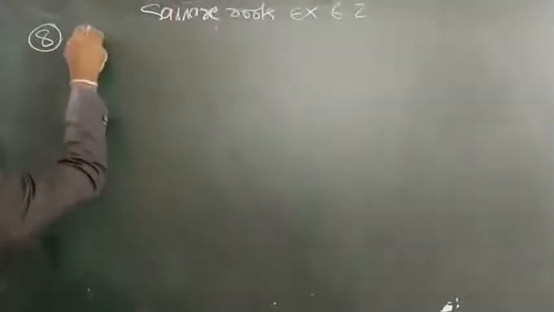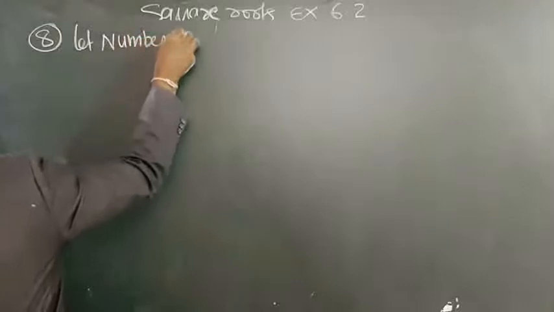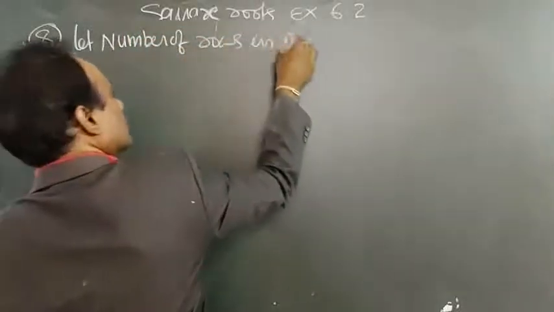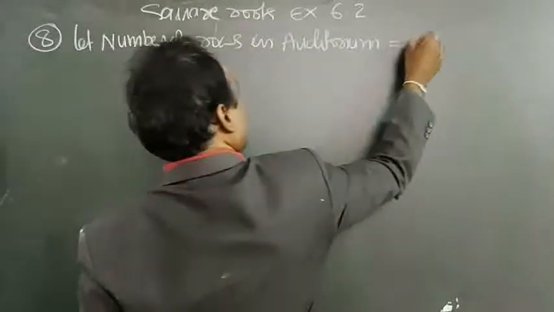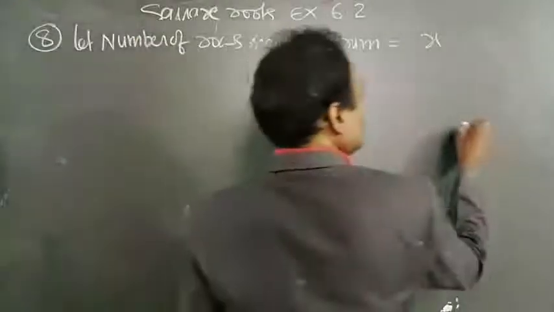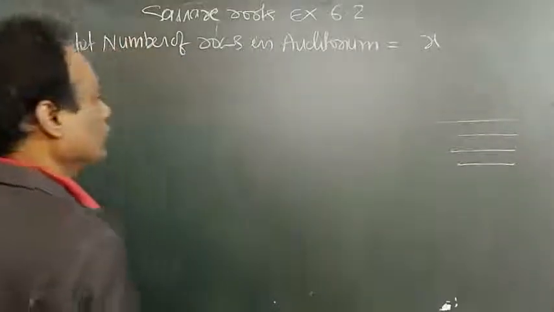See here, students. Let the number of rows in the auditorium be x. There are x rows.